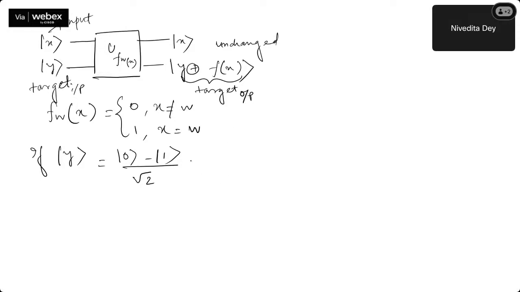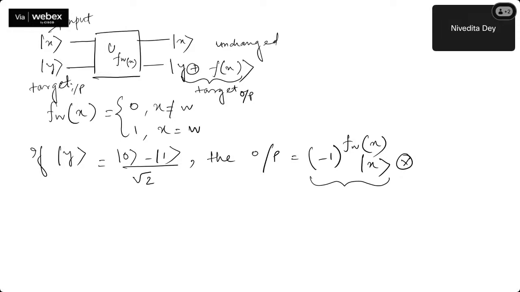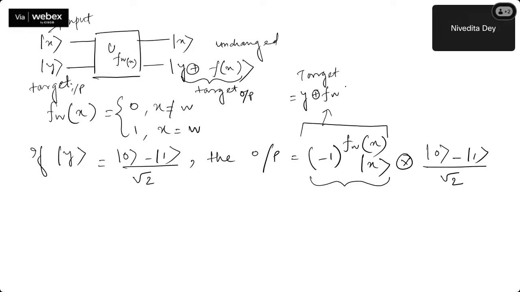So the output will be what? The output will be minus 1 to the power f_w of x, ket x, product (ket 0 minus ket 1) by root 2. Here only I'm writing it in this way, because my target will now be y XOR f_w of x.